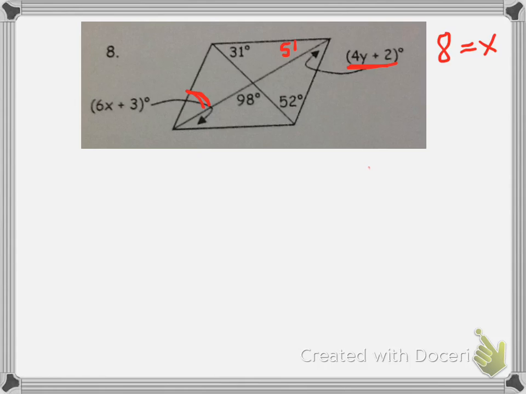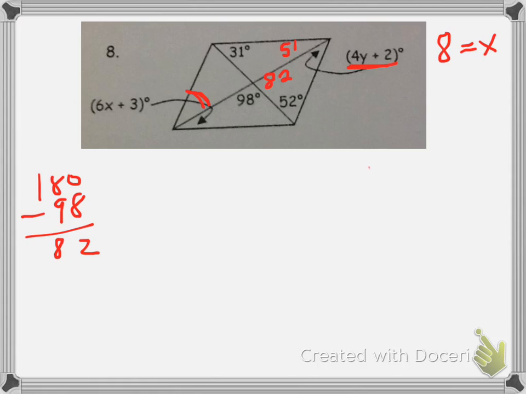If this one's 98, these ones right here are supplementary to each other. So 180 minus 98, oops, I can't subtract tonight, is 82. So that means that this angle right here is 82.